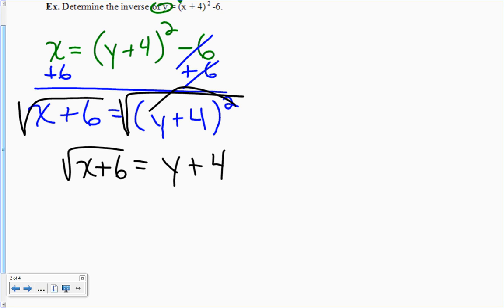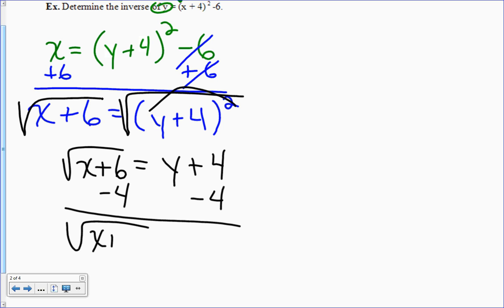Not quite solved for y, but we're really close. Minus 4. Now, here's the tricky part. A lot of people like to line it up that way, so they see the x plus 6 minus 4 on this side, and all of a sudden it becomes x plus 2. But that plus 6 is in the radical, so you can't quite do that. We have to keep them separate. So the x plus 6 stays, and then minus 4 is our inverse, because plus 4 minus 4 actually cancel.